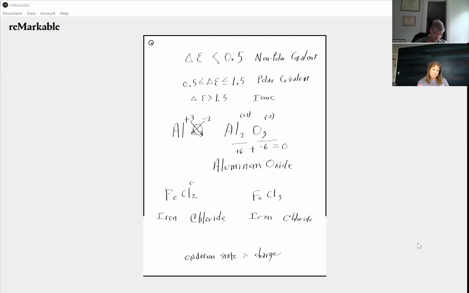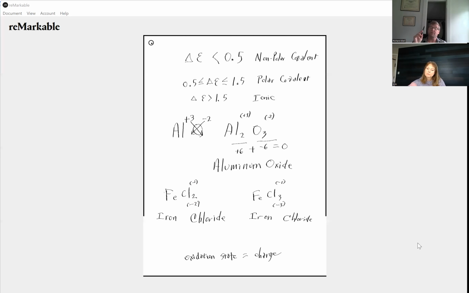We know that chlorine is always, always, always -1. So -1 times 2 gives us a -2 charge from the chlorine. -1 times 3 gives us a -3 charge from the chlorine. Compounds are always electrically neutral.